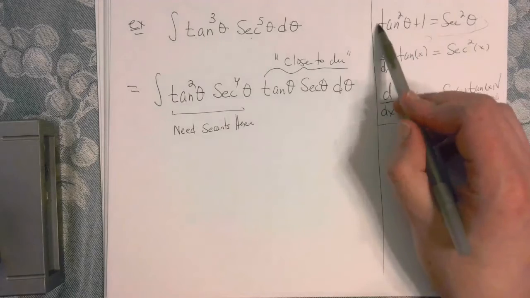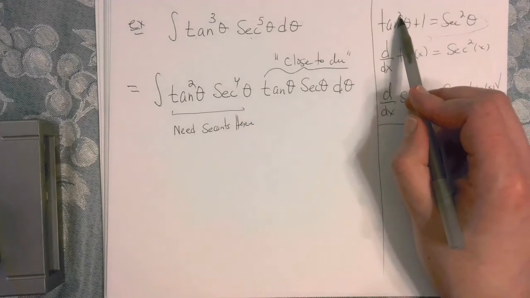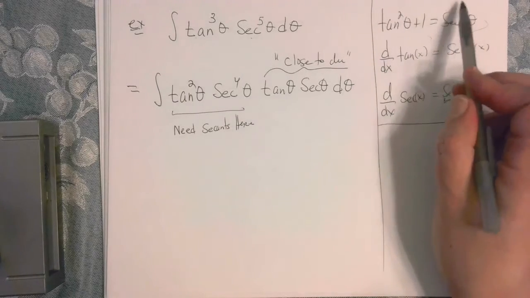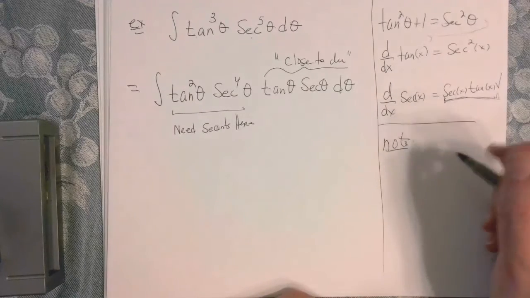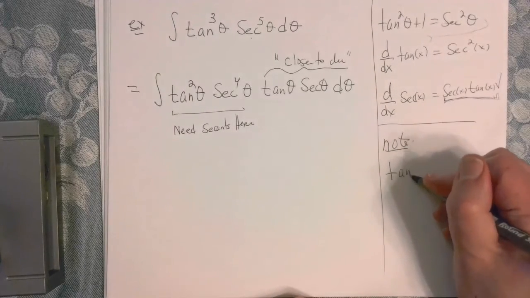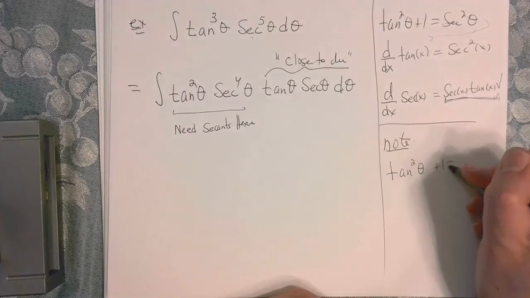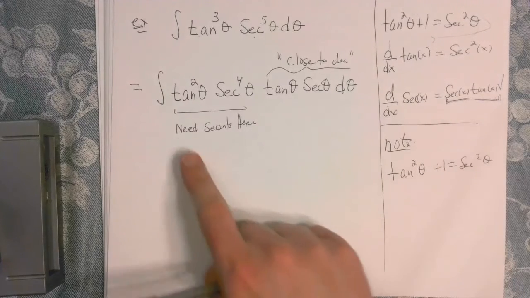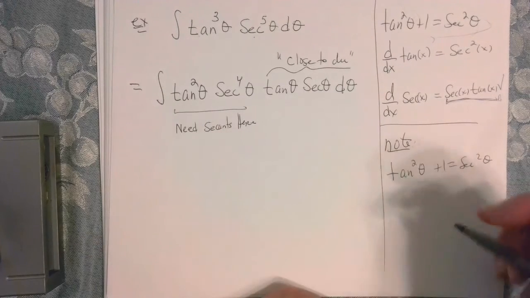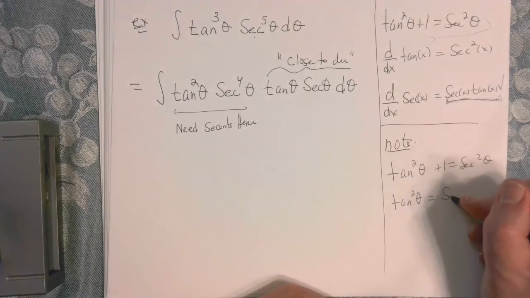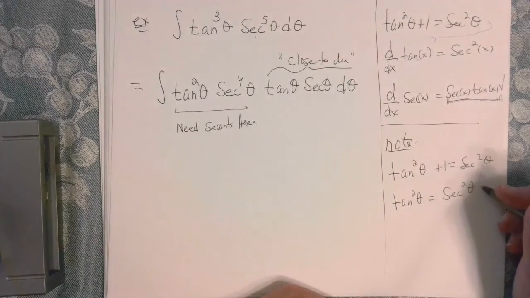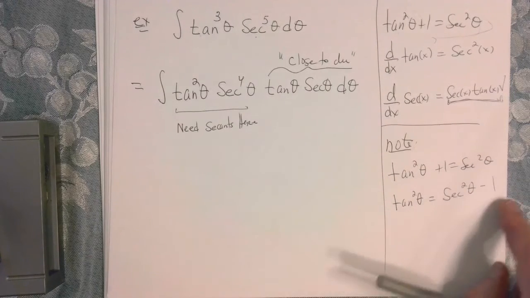If I solve algebraically, I'll have tangent stuff in terms of secant stuff. So tangent squared of theta plus 1 is secant squared, and I'll be able to replace this if I just subtract 1 from both sides. That's nice, I can write our tangent stuff in terms of secant stuff.